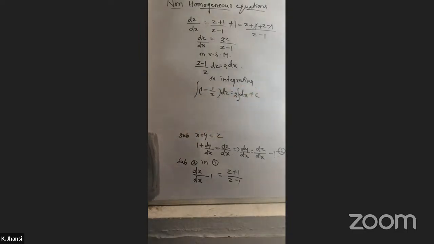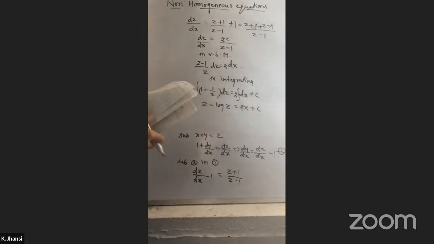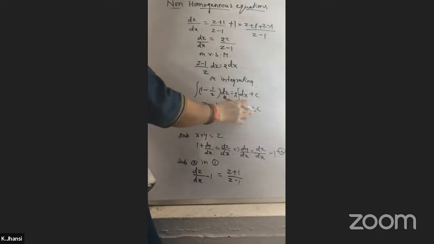On integrating, the integration of 1 with respect to z is z, and for 1 by z I am directly doing the integration. If you want, you can separate it: integration of 1 into dz minus integration of 1 by z into dz. So 1 by z gives log z, equal to 2 into dx, which is x, plus c. So it is z minus log z equals 2x plus c.